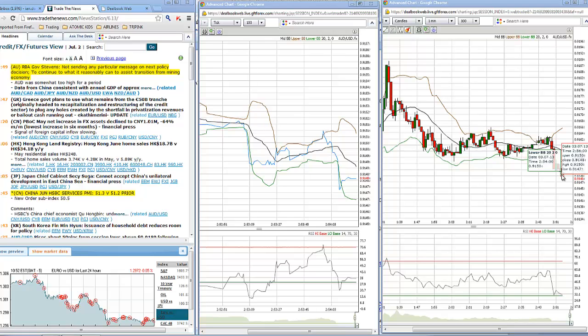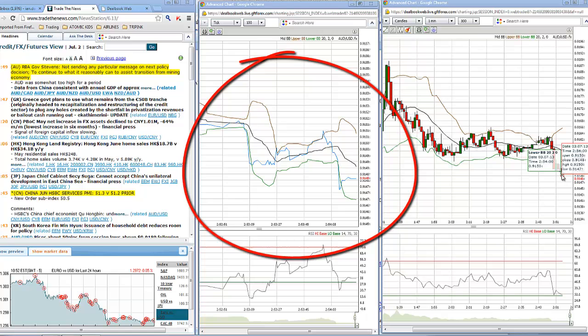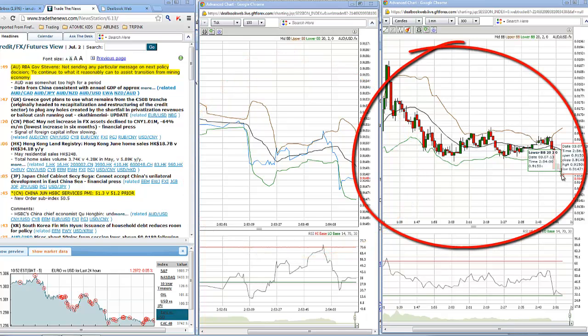Actually there are two charts there. One is a tick chart in the middle, which shows the second by second change in the Australian dollar, whereas with the other one, each of those little red or green bars represents a 1 minute period of values of the Australian dollar.